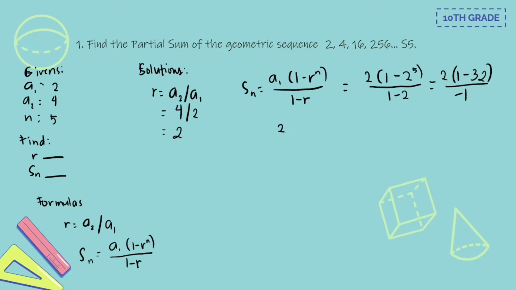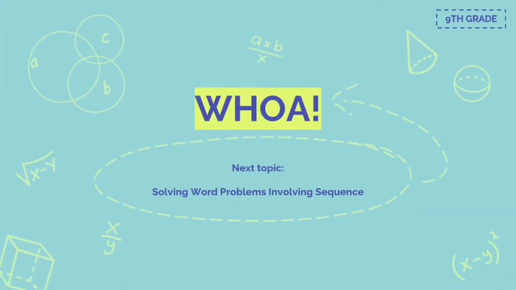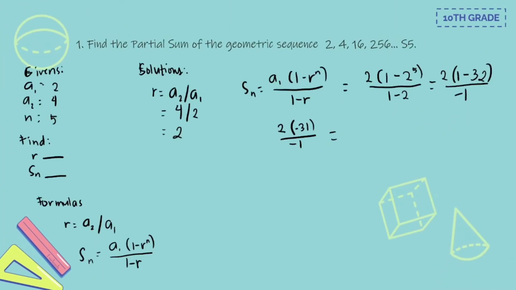So 2, 1 minus 32, it's negative 31 over negative 1. And then 2 times negative 31, it's negative 62 over negative 1.